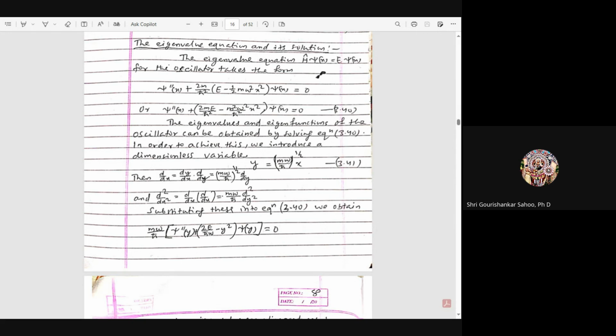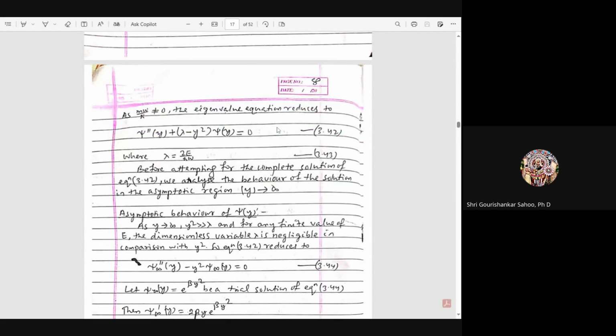Now by substituting these into the equation ψ'' plus (2mE/ħ² − m²ω²x²/ħ²) ψ is equal to 0, we have (mω/ħ) ψ''(y) plus (2E/ħω − y²) ψ is equal to 0.